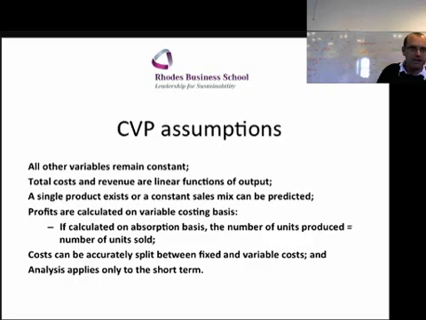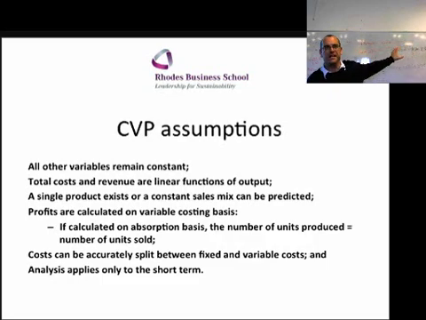Also, another important one that we haven't directly touched on is that profits are calculated on a variable costing basis. What did we say variable costing profits were? Remember, we looked at that at the end of cost allocation. We said it was our revenue minus our variable costs minus our fixed costs. Remember, in working out our inventory balances, we excluded all fixed costs from inventory.